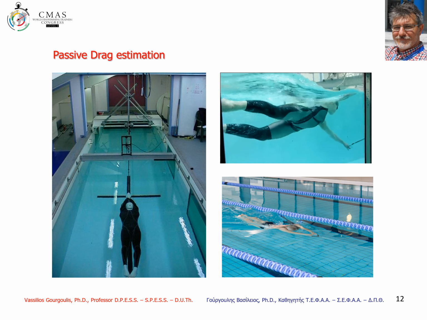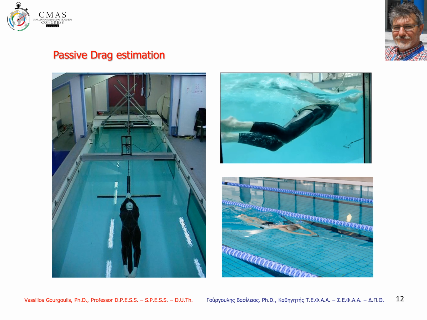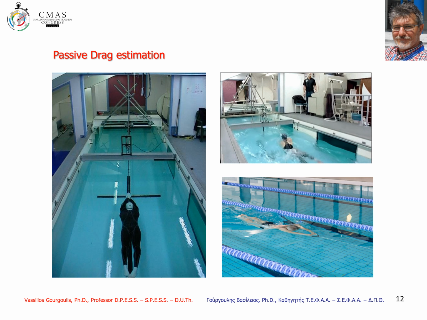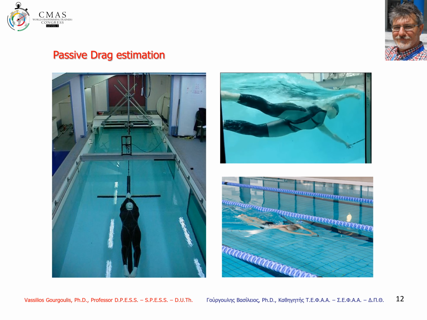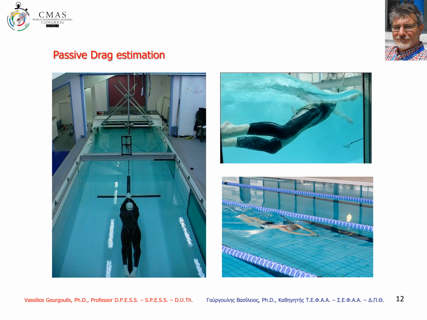The magnitude of the passive drag may be established experimentally by towing a swimmer in a towing tank or exposing the swimmer to water flow in a swimming flume.